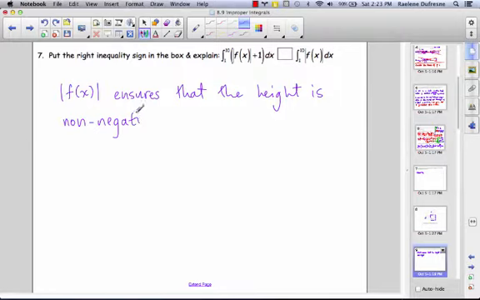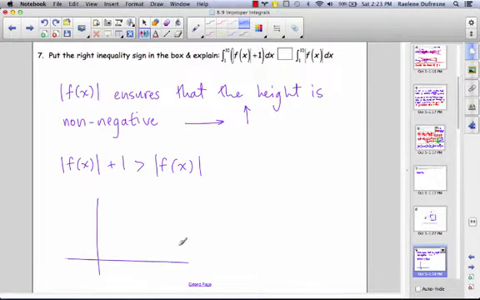And so since we have the lower bound smaller than the upper bound of the definite integral, we know that we have positive width and positive height, and therefore each of these definite integrals can be thought of as the area under the curve. Well, what we know is that the absolute value of f of x plus 1 is a vertical translation, so it's one higher than the graph of absolute value of f of x.